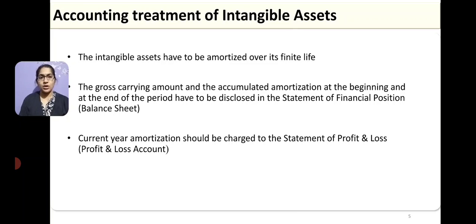In the balance sheet, the gross carrying amount and accumulated amortization at the beginning and at the end of the year have to be disclosed in the statement of financial position, that is nothing but the balance sheet. Current year amortization will be charged to the statement of profit and loss as an expenditure, similar to depreciation.